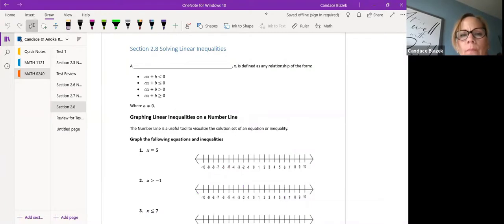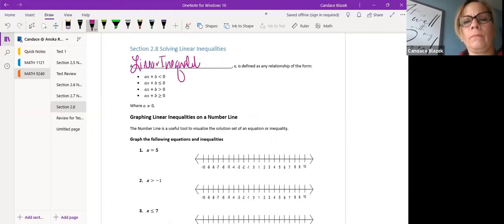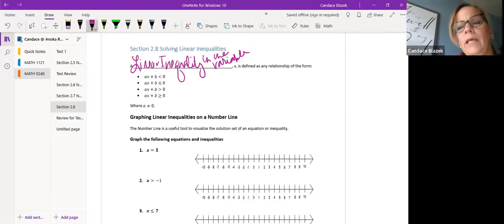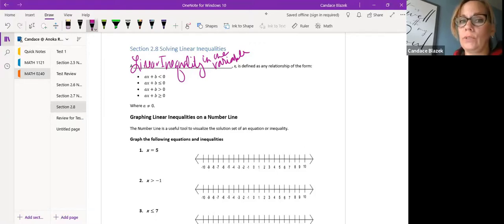So a linear inequality in one variable, x, is defined as any relationship of the form ax plus b is less than 0, ax plus b is less than or equal to 0, ax plus b is greater than 0, or ax plus b is greater than or equal to 0, where a never equals 0, which means we always have a variable in the inequality.